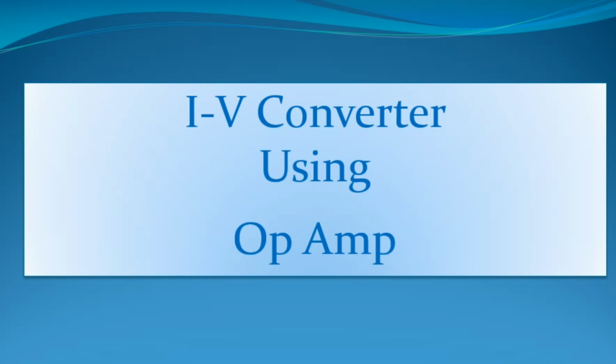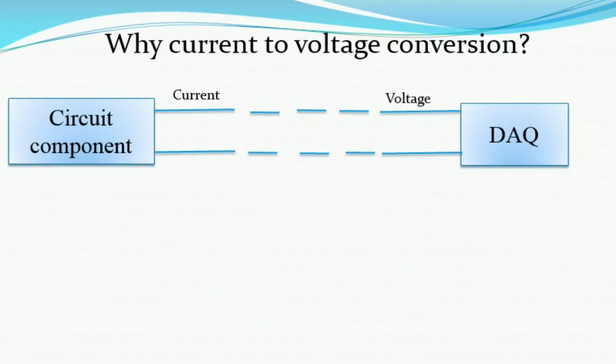As we know, this type of current to voltage converters are useful in many applications. For example, if you consider a circuit component like a photodiode, this photodiode will always give the output in terms of current.